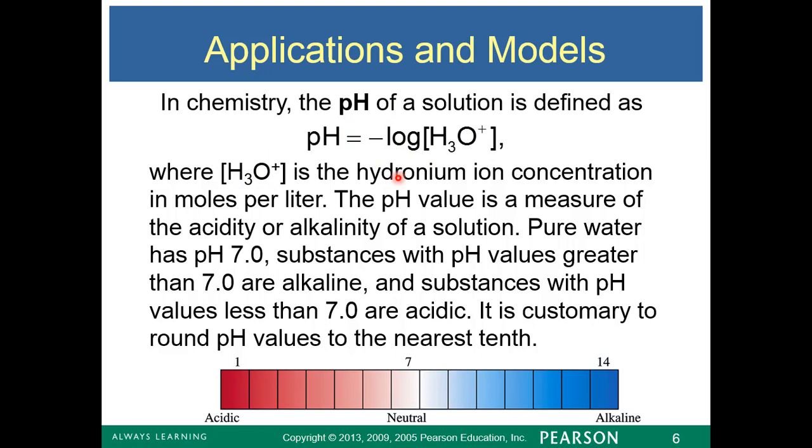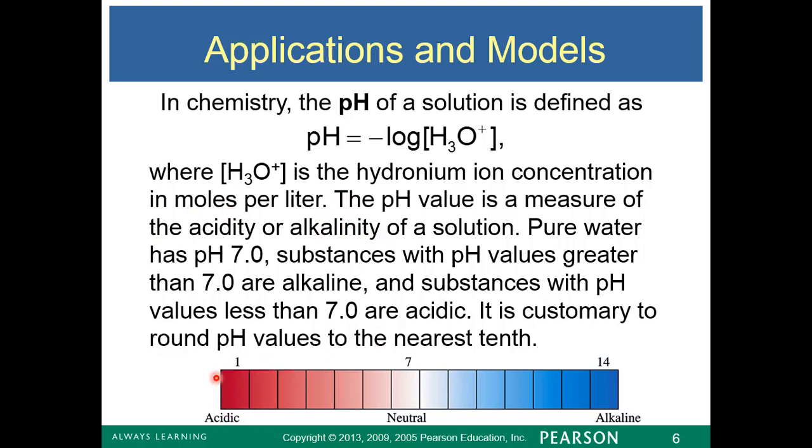Where this is the hydronium ion concentration in moles per liter. Now, see how it has H3O, so we're looking at positive ions, hydrogen ions that are in there. So the pH value is a measure of the acidity or alkalinity of the solution. In other words, is it an acid or is it a base?